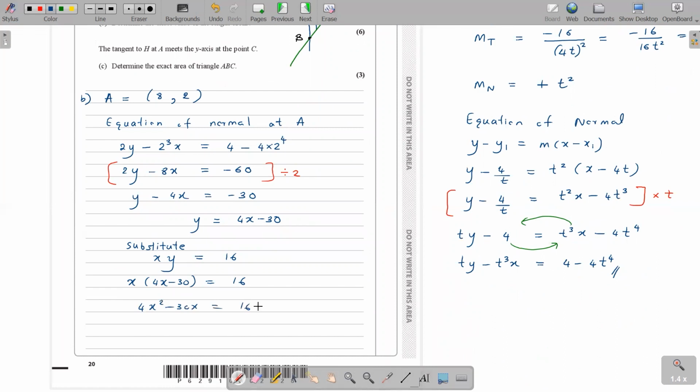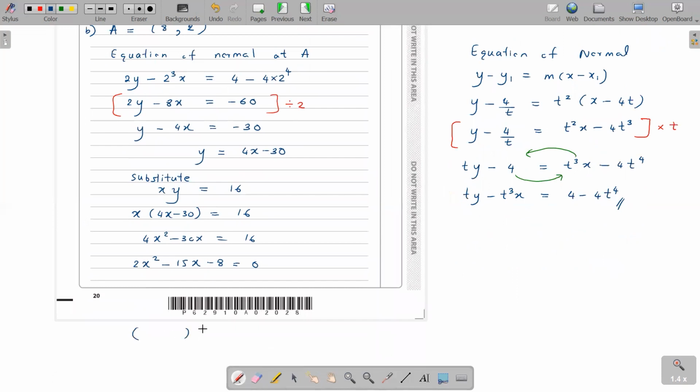Do you agree? I think we can take everything to one side and also we can divide by 2. Shall I do both of them together? Dividing by 2, and 16, I'll bring it here. Divide by 2, it becomes minus 8. Do you agree? 2x square minus 15x minus 8. Okay, does it factorize? Can I know the two factors? x minus 8, 2x plus 1.